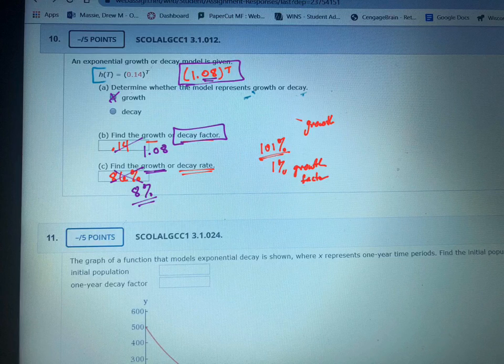And the factor would be 1.08, because factor means what do you multiply by? So you're multiplying by 1.08. So that's the growth factor, because it's higher than 1. And the rate of growth is 8%. That's how you would do those problems.